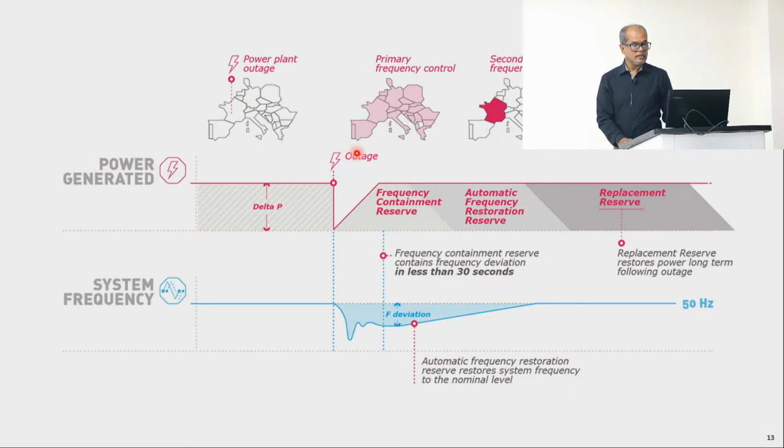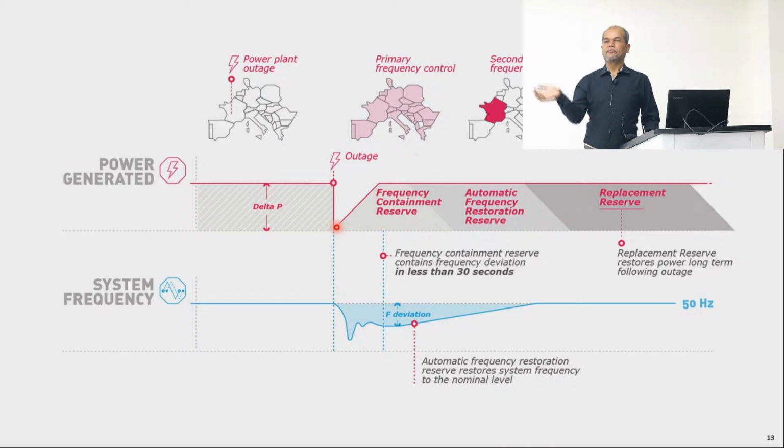Now this one is just showing, for example, let's say you have a power network and there is an outage for some reason, either an external fault or an internal fault. Then what happens is your frequency is going to go down, right? And then, as mentioned in the previous slide, we have a number of actions we take to bring the frequency back to 50 hertz, right?